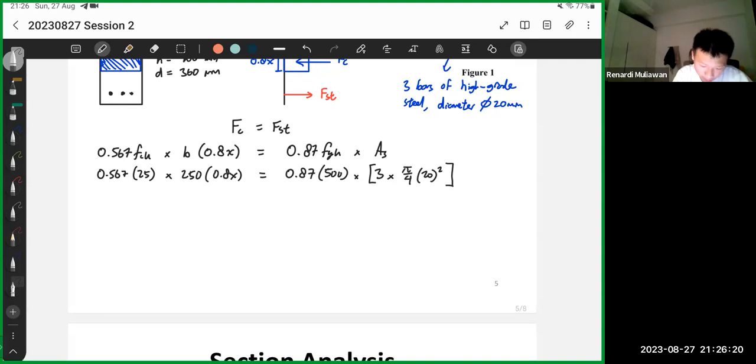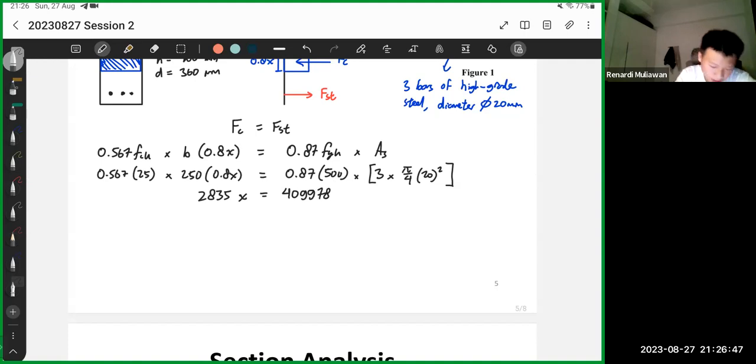So it's 2835, equals 0.87 times 500 times 3 pi over 4 times 20 squared. That's 40997778. It's a very big number.